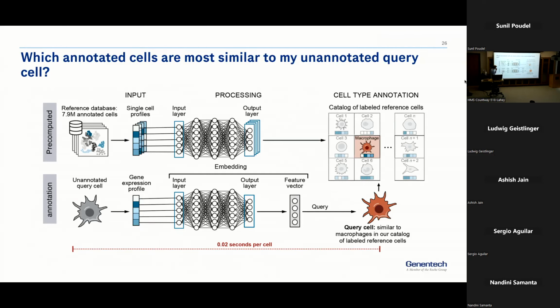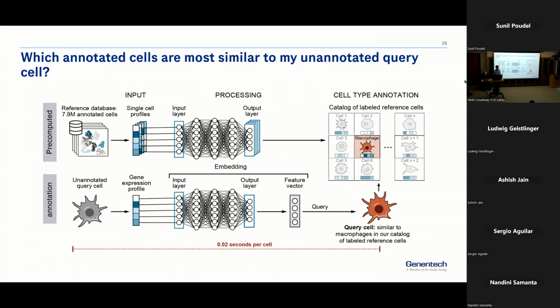Then we can come along with some unannotated query cell, embed it, and compare it to our catalog and identify which cells it's most similar to. And we can basically take the label from there. On this end, we just use a simple KNN classifier to say, oh, out of the 50 cells that it's most similar to, 49 of them are macrophages.